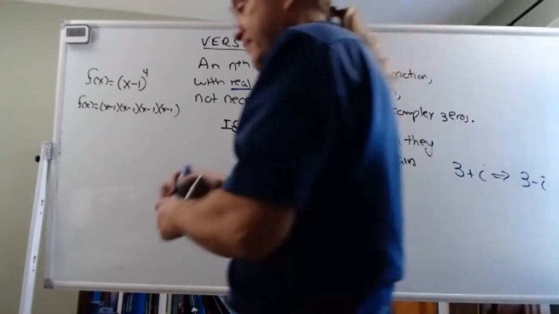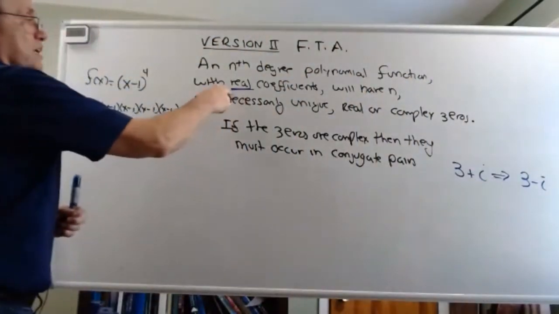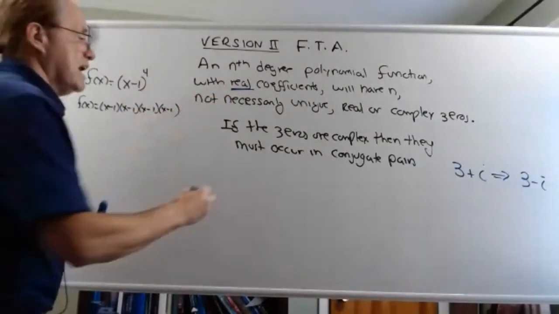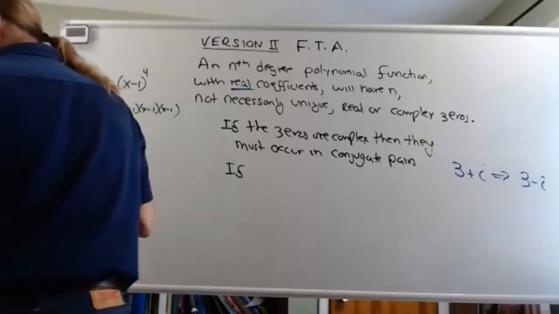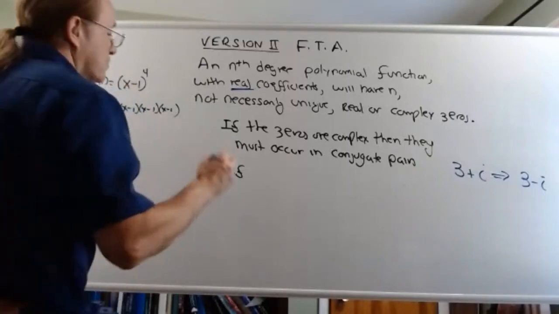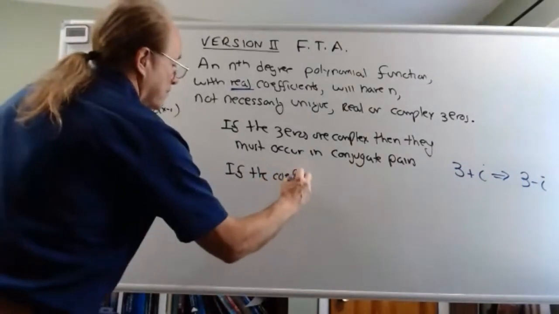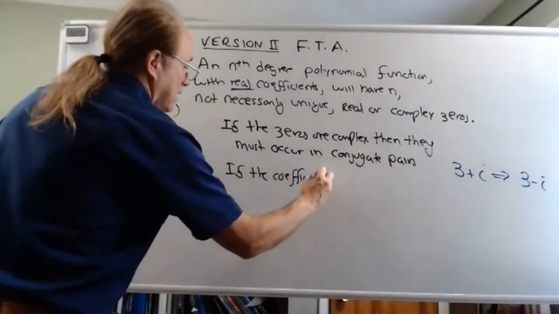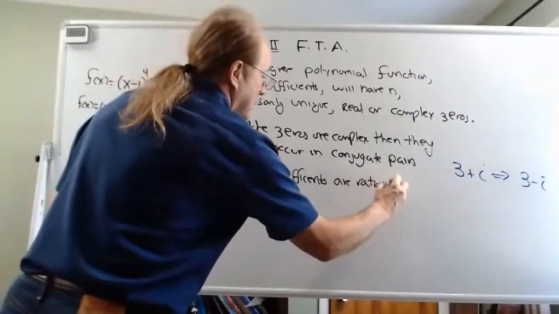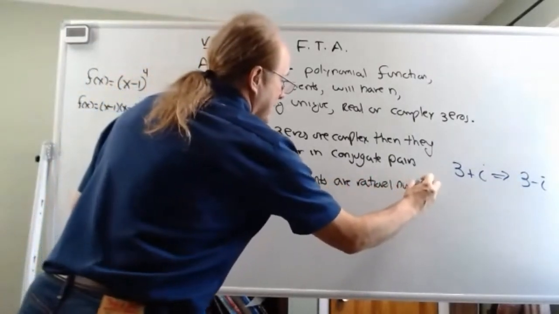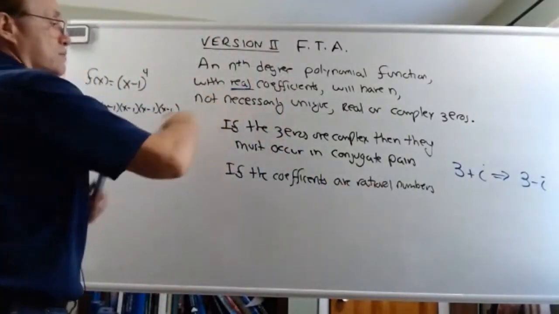So that's one if. And then we want to restrict it further. So instead of real coefficients, meaning including the radicals, say if the coefficients are rational numbers. It could be integers or even fractions or this crazy thing, but no radicals in the coefficients.